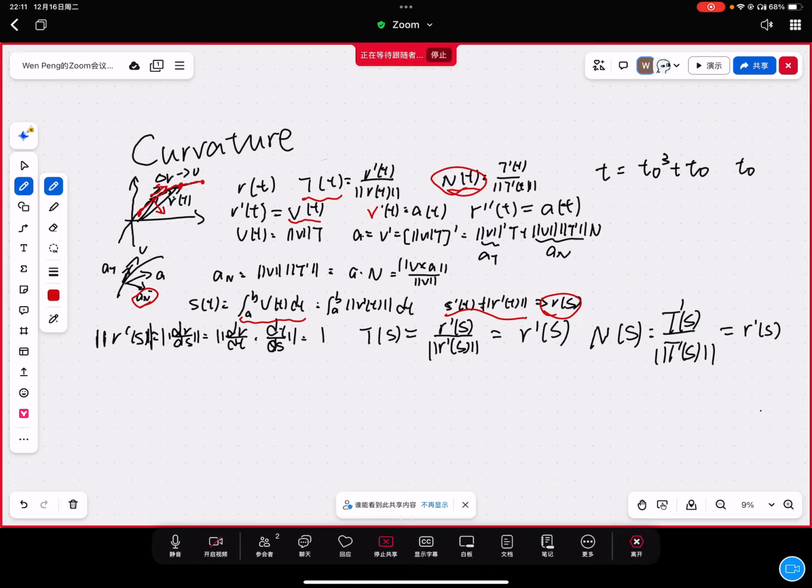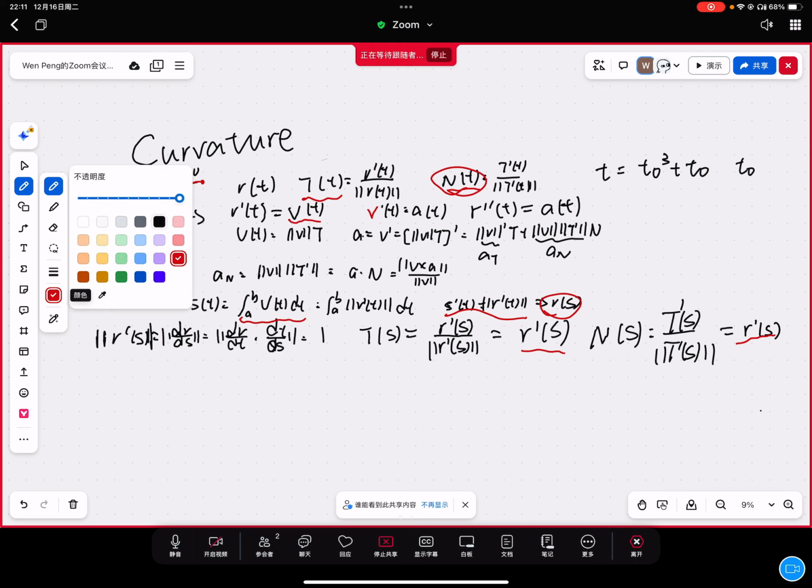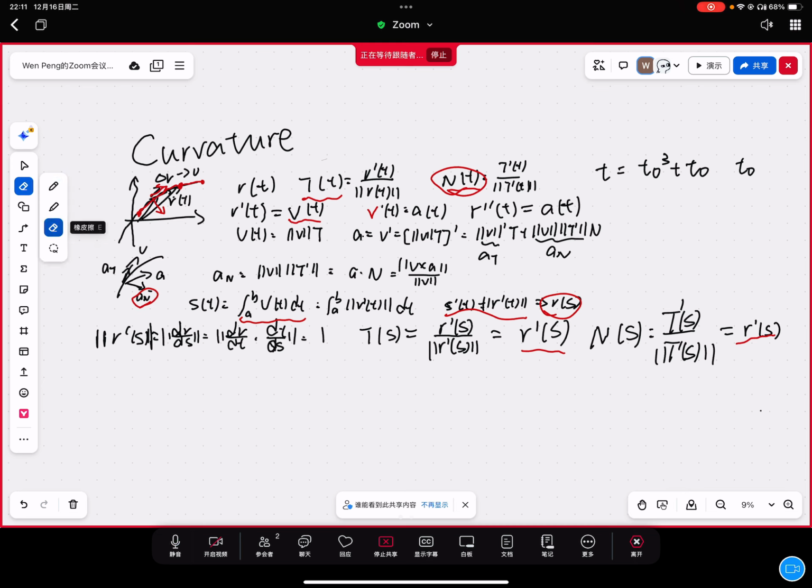And because T of s has the magnitude of 1, this actually equals T prime of s itself. And what is T prime of s? It's actually r prime prime of s.